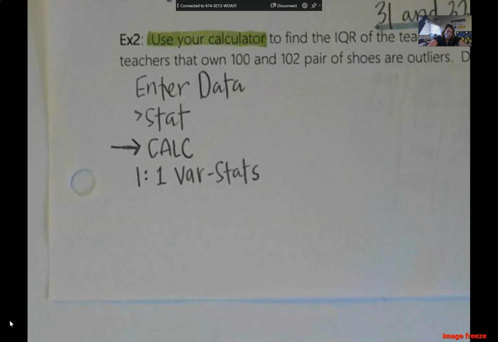We only have one variable in this data set, and it's the number of pairs of shoes owned. So for any data set, this is how you can get all of these values without having to order them and find the medians.